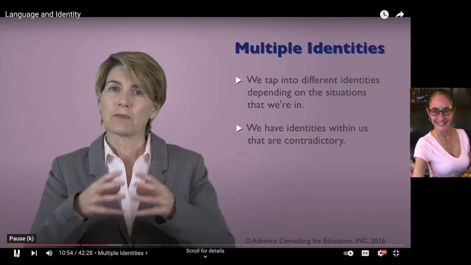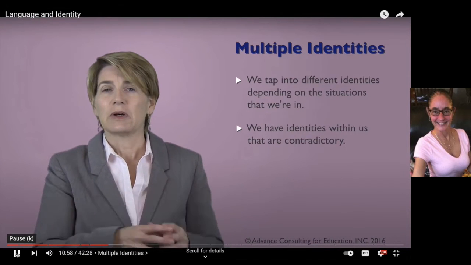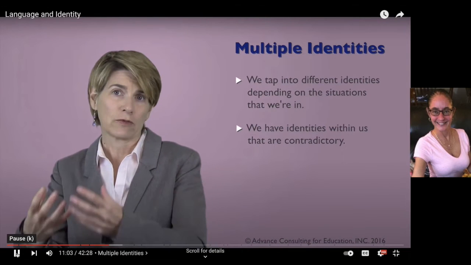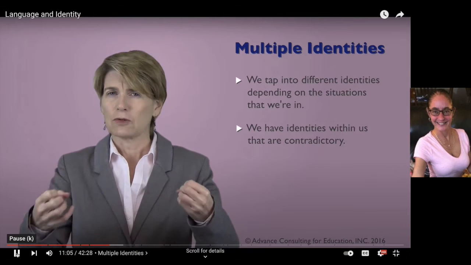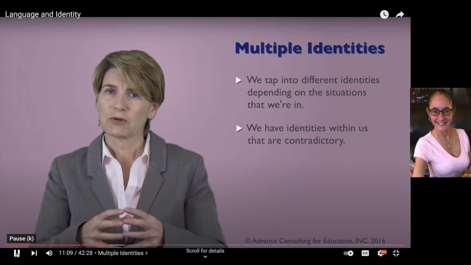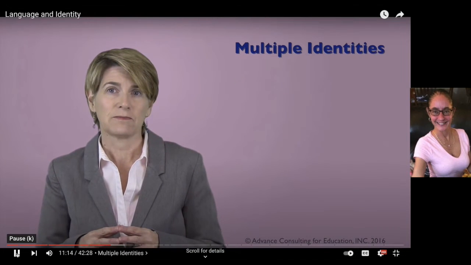So for example, someone could have an identity in which they're quite quiet and reserved, but in another situation, that same person could be fairly loud or talkative or fairly aggressive. So these are two quite contradictory identities, but they reside within the same person, and that person chooses to activate those identities in different situations.